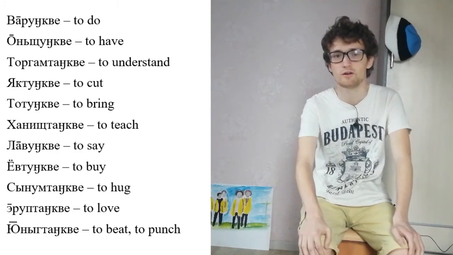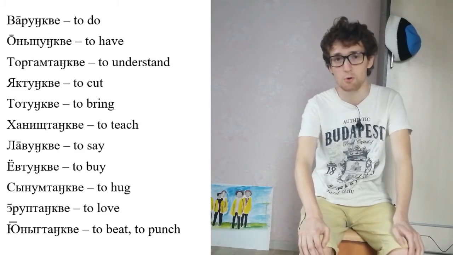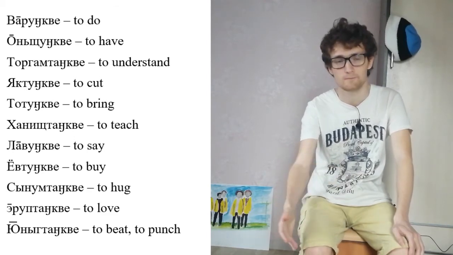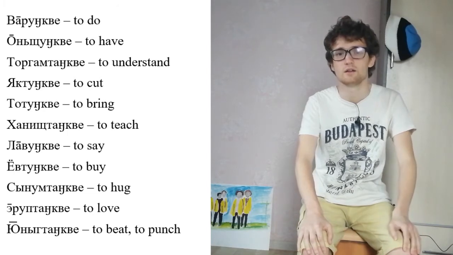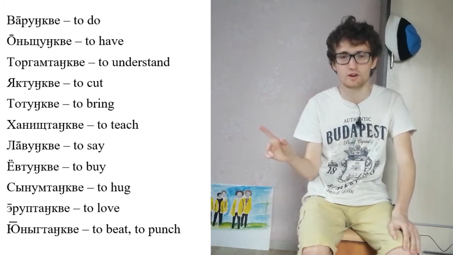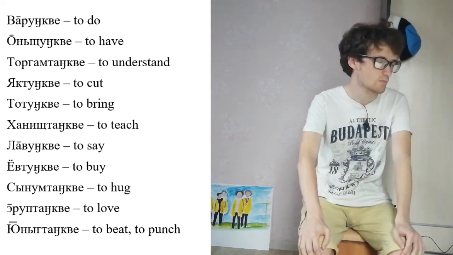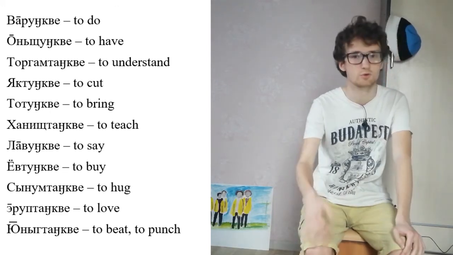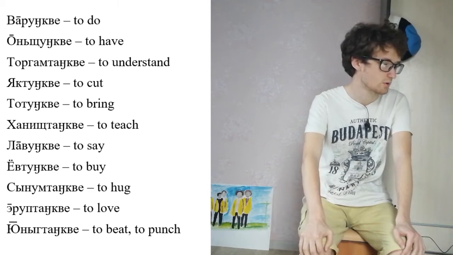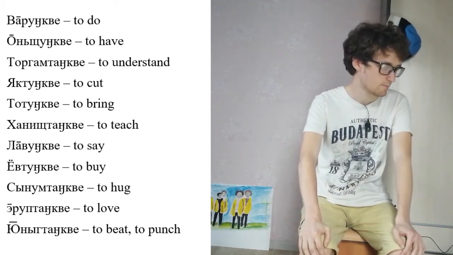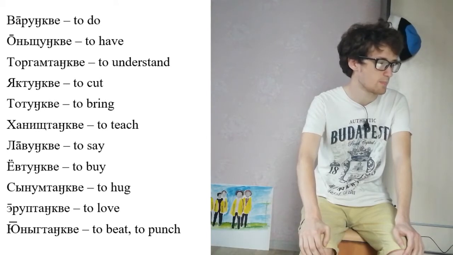So the homework, I recommend you to do it now, because the following verbs will be used further. Try to conjugate the following verbs in object and non-object declension. Varunque, to do. Oinshunque, to have. Torgamtanque, to understand.